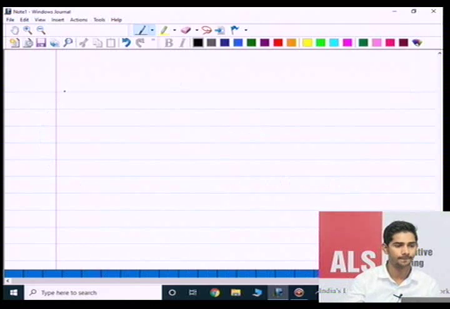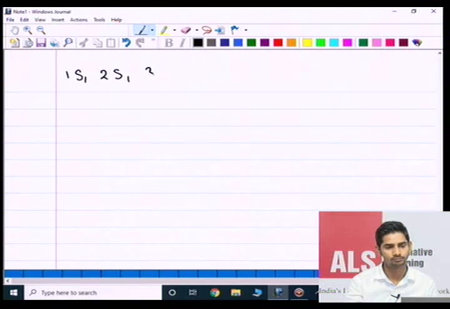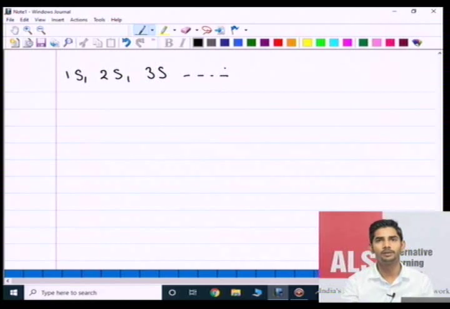See, I'm calculating the orbital angular momentum for 1s, 2s, 3s, and so on. Orbital angular momentum depends on L. So if I use 1s, 2s, 3s, the principal quantum number won't affect the orbital angular momentum.